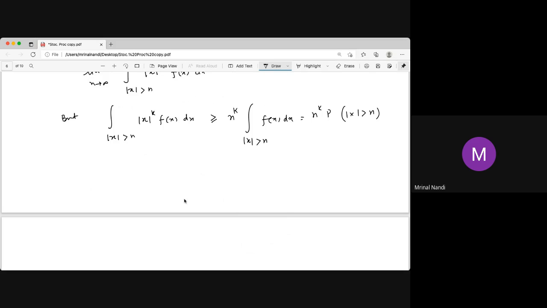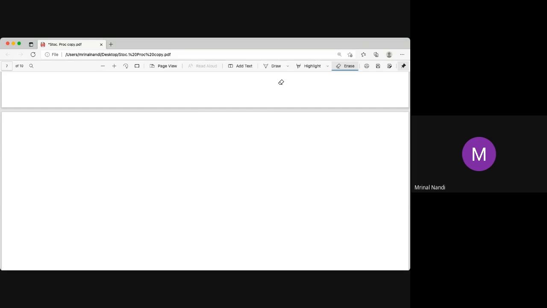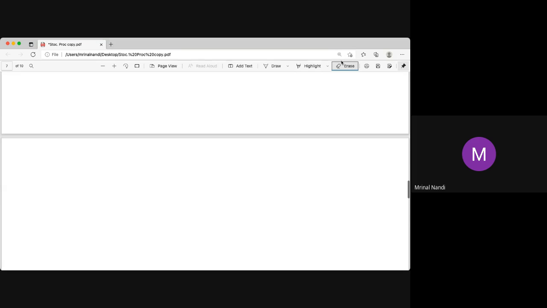Now this is a very important result, and also an easy result. The next important theorem is this: let x be a non-negative random variable with distribution function F. What do we mean by non-negative random variable?